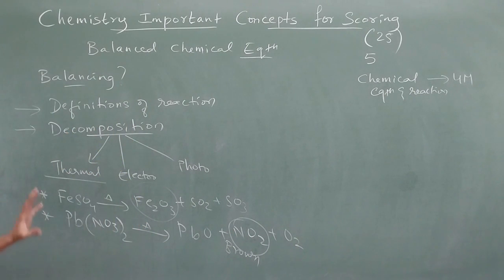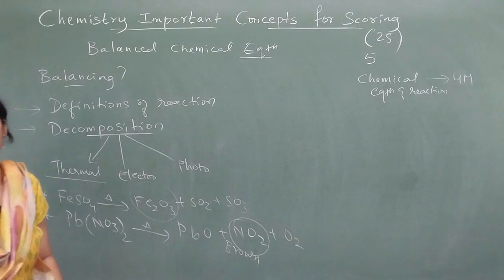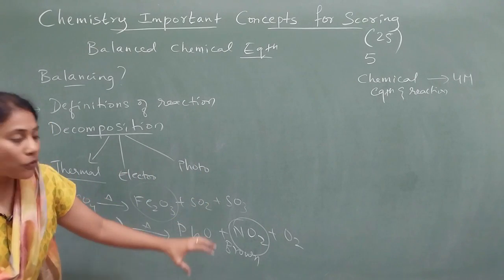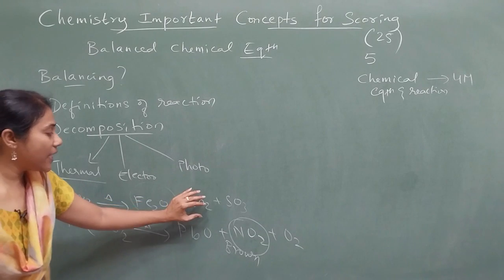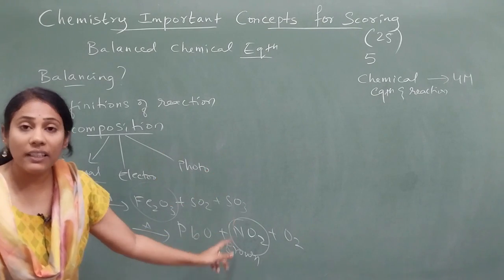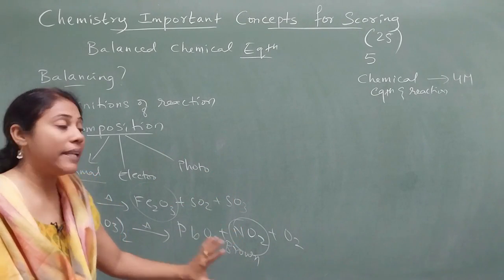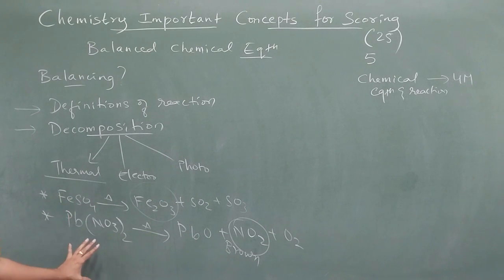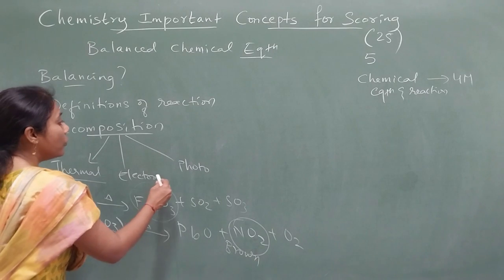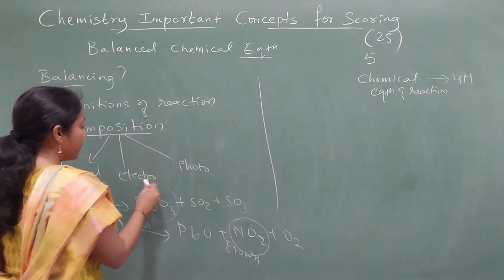Okay, so what I meant to tell you is, not just practicing chemical equations, you should know the concept involved in the chemical equation. Concept involved in the sense, the color change, which gases, what color gases are forming, what is the color of the starting material, everything you should know. Okay, and now coming to electrolysis.